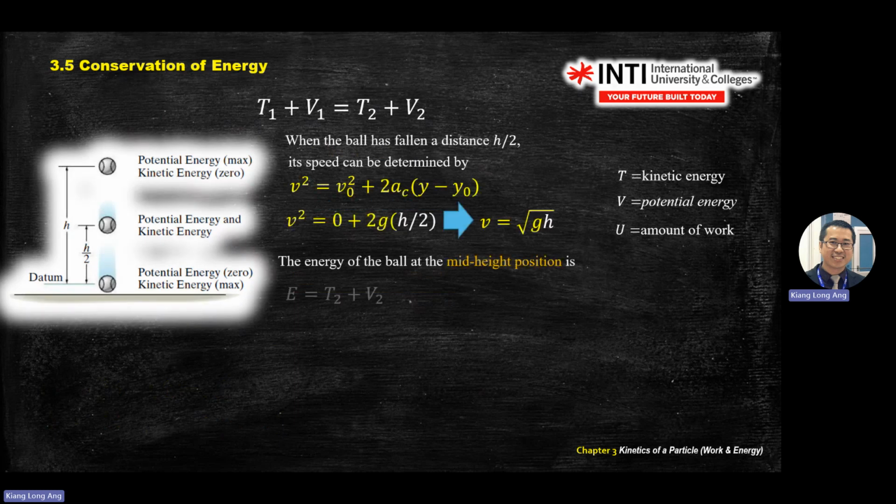So at the center here, your energy equals half mv squared plus mgh, where your h is half. You substitute your v as that one.